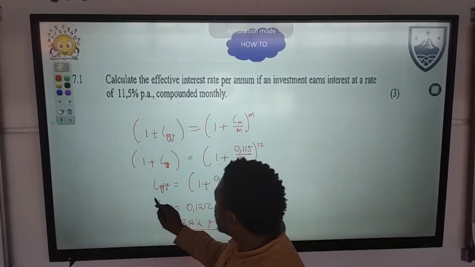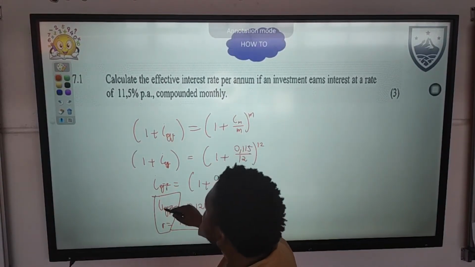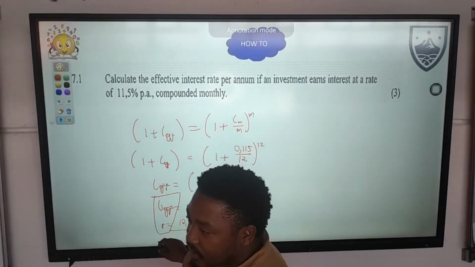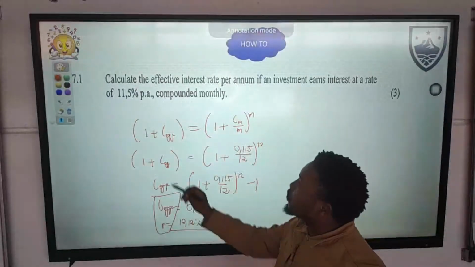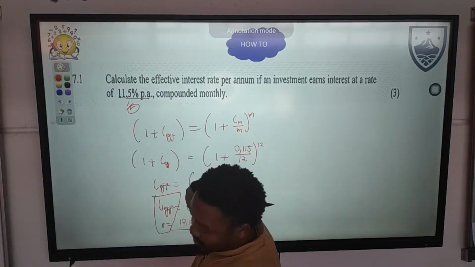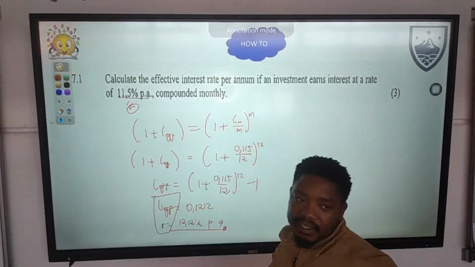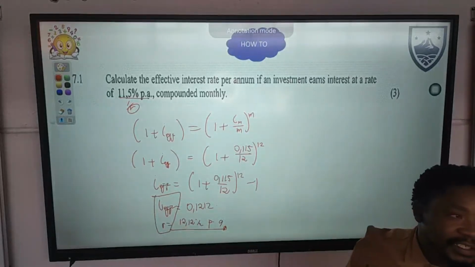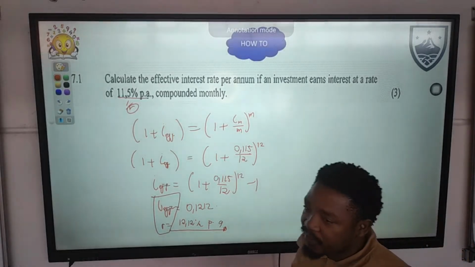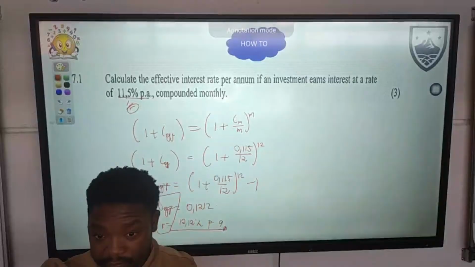I wrote this on paper so that you can see that inside these formulas we are using i, but the interest rate is actually 12.125%. So once you see a percentage there, you must know it's actually the interest rate, and this one is the effective interest, which is the one that we put in our calculations. So never put anything in terms of a percentage.